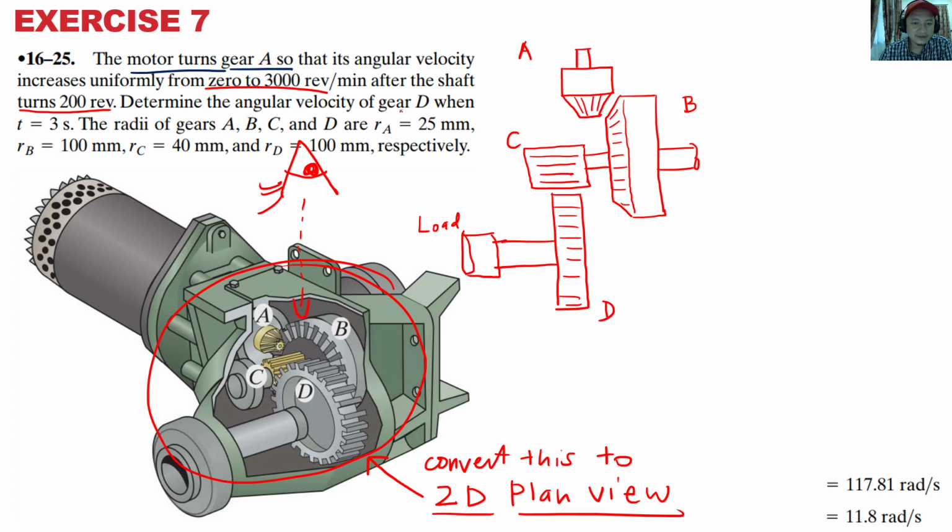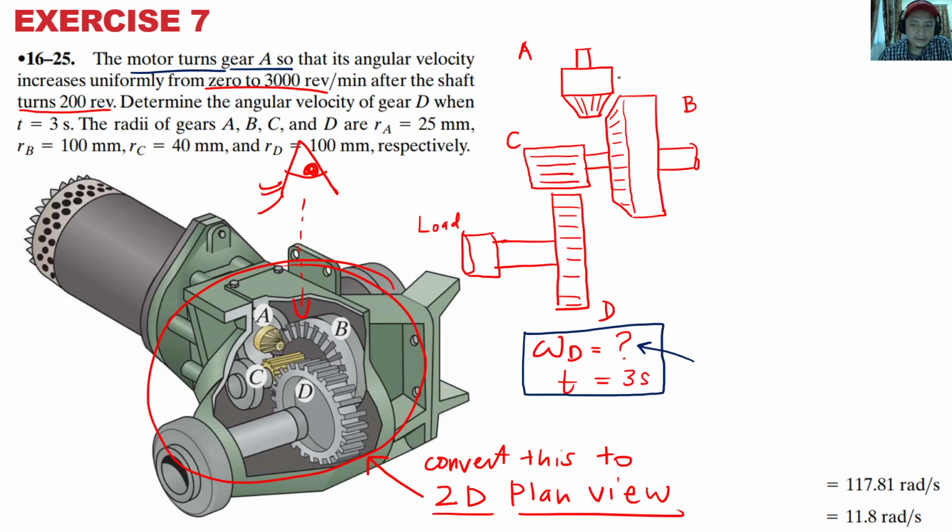Determine the angular velocity of gear D when time is equal to 3 seconds. He asks you to find omega D when time is equal to 3 seconds. This is what he wants you to find. What is this omega D after 3 seconds?